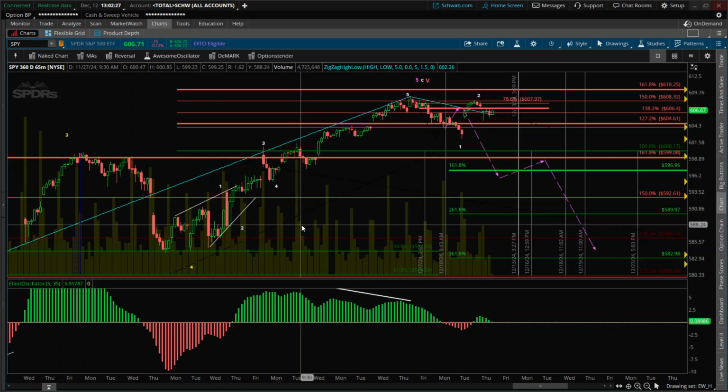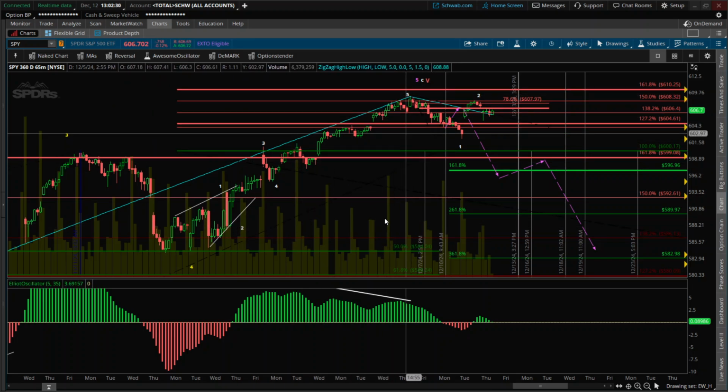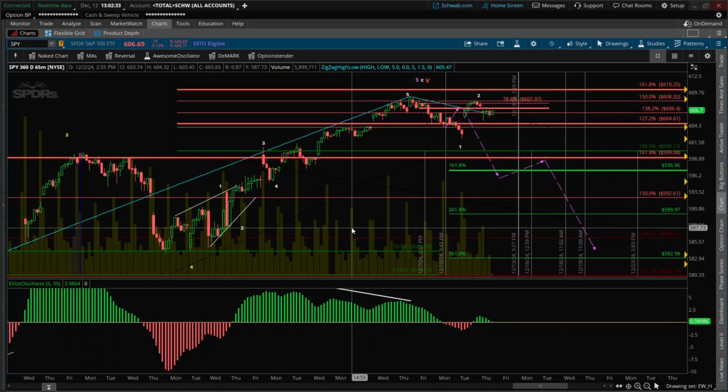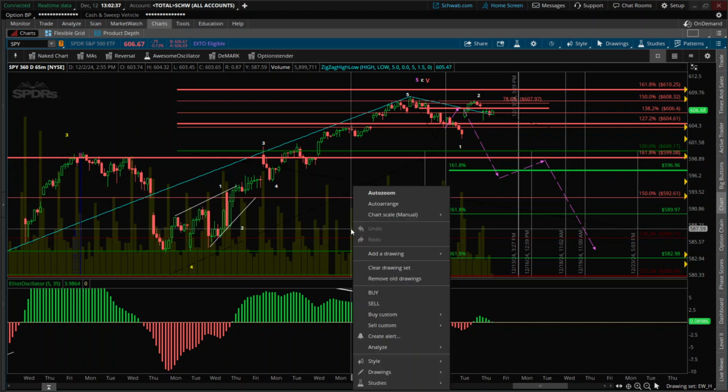So even if this is still a 1-2 and then wave 3 is all the way at the top, let's kind of measure that out. These are the things that I have to do each and every day to see if the moves make sense.